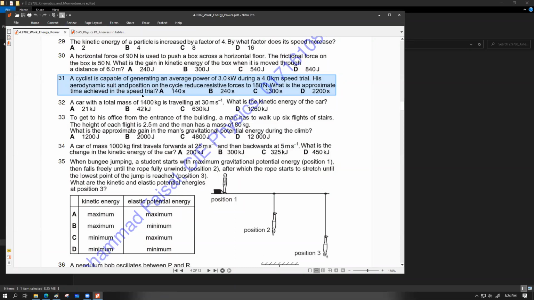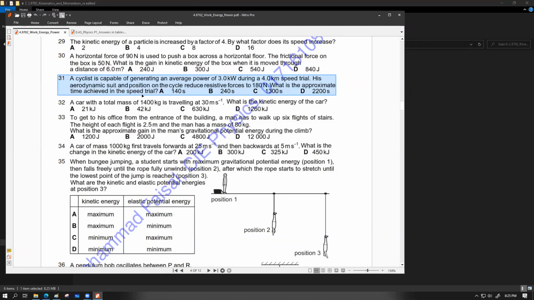Do I make sense? Yes, sir. So that's why we are assuming that for the entire journey, he is continuously overcoming this value of force. That's why the word average is so important. This is the reason I asked you to do this question for this theoretical discussion. The actual resistive force would be varying, because whenever the cyclist starts from rest, he's going to have a low speed, so aerodynamic drag is also small.